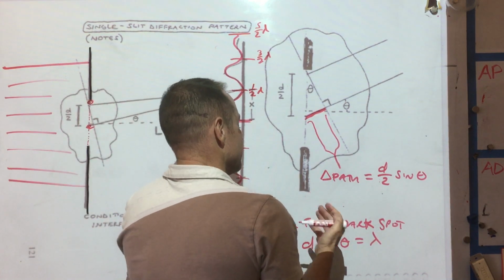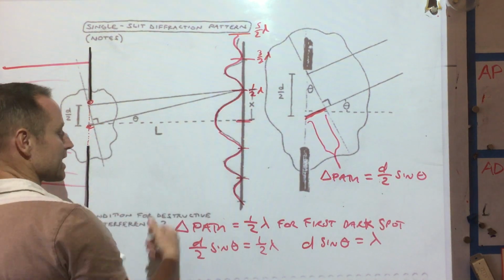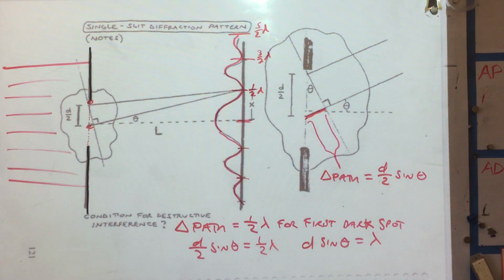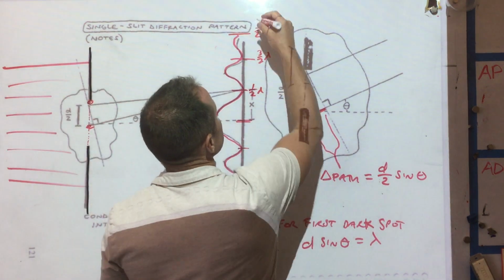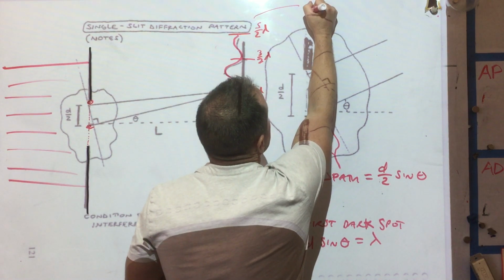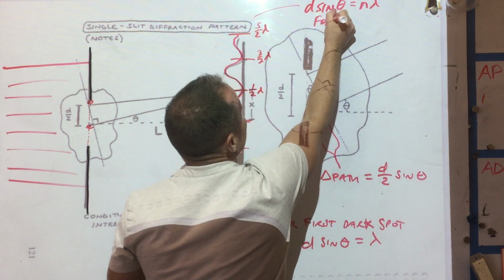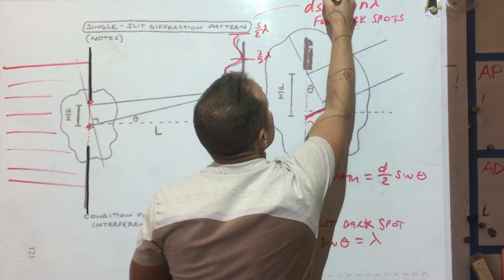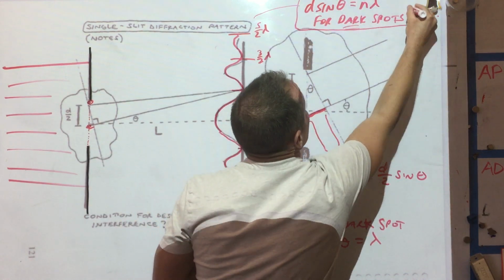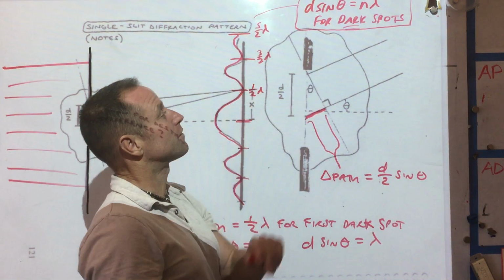It's really the same equation that we got for the double slit pattern, only it was for bright spots. In fact, that's why we set it up this way. So to generalize this, for the single slit pattern, it's d sine theta equals m lambda, but for the dark spots. So that's one difference. You get to use the same equation, it just has a different meaning for the single slit pattern. It'll find all the dark spots for you.